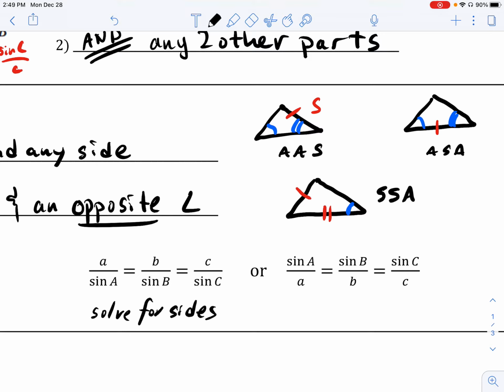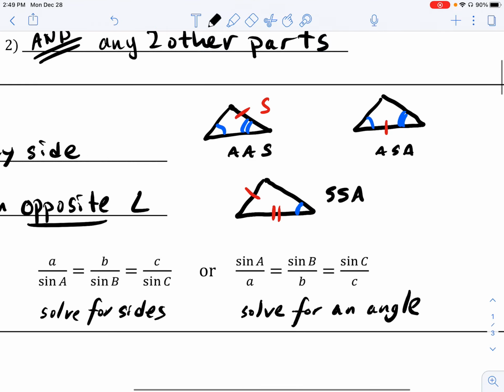Whenever we have the sine of our angles in the numerator, that means we're solving for angles. And again, it would be one extra step just to get whatever we want in the numerator. So it's not a huge deal, but if you are so inclined, you can set this up from the get-go to set up whatever you want to solve for.